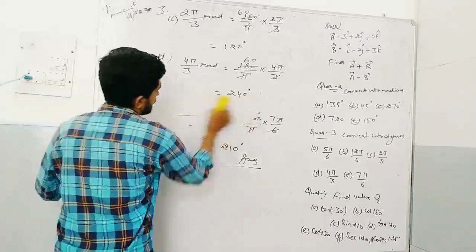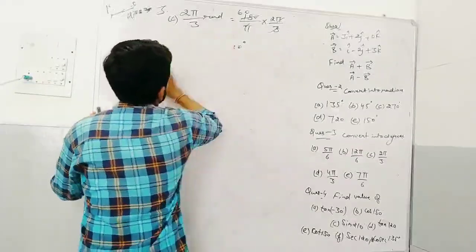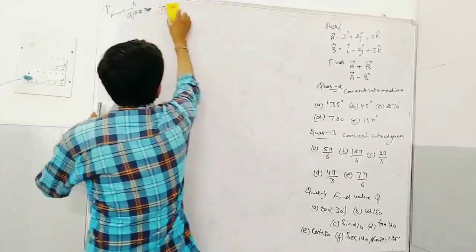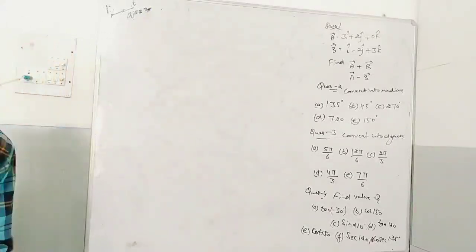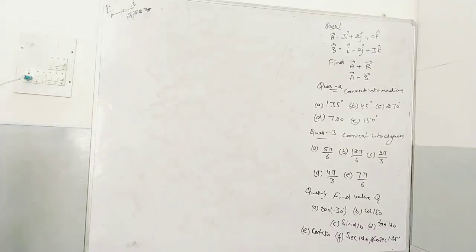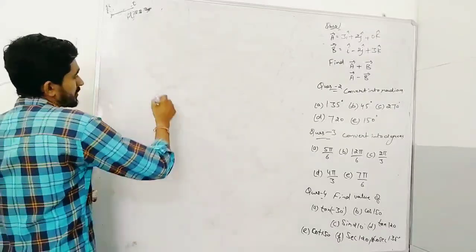I am erasing it. What does question number 4 say? Find the value of, I have something trigonometric ratios, points to remember for this question.